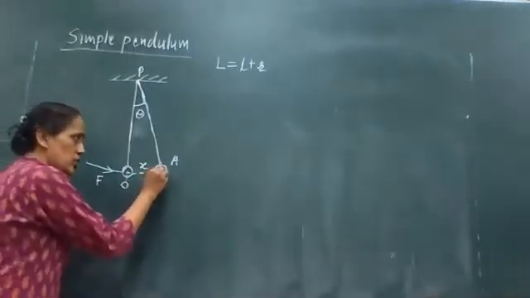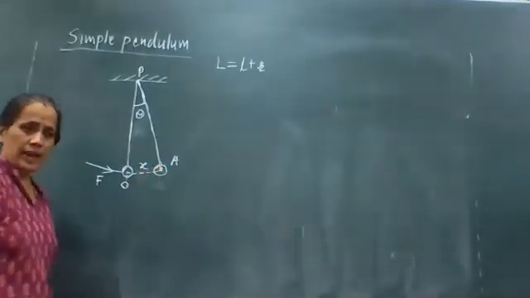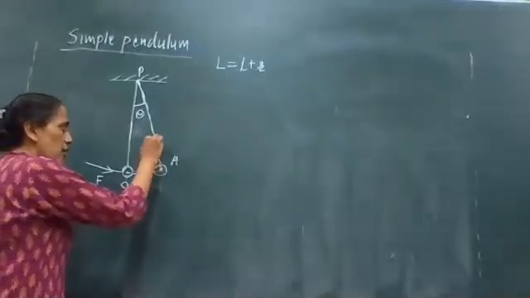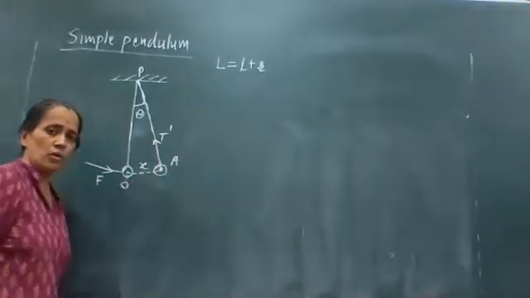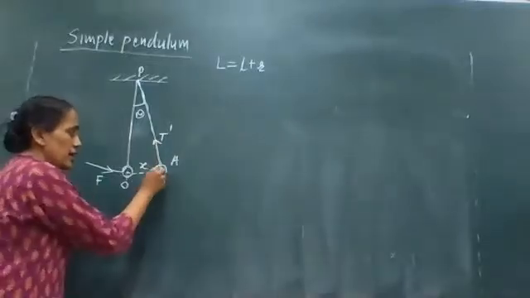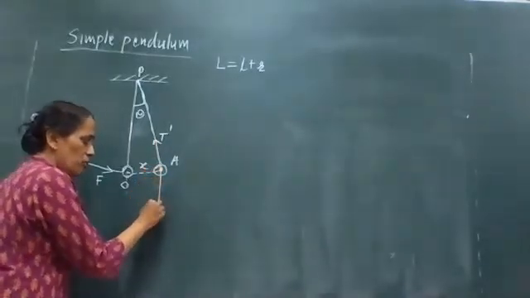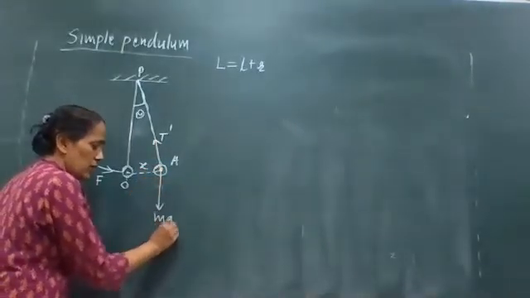And when the bob reaches the extreme position, again two forces act. One force is the tension along the string towards the rigid support, and another is the weight of the bob, mg, acting vertically downward.